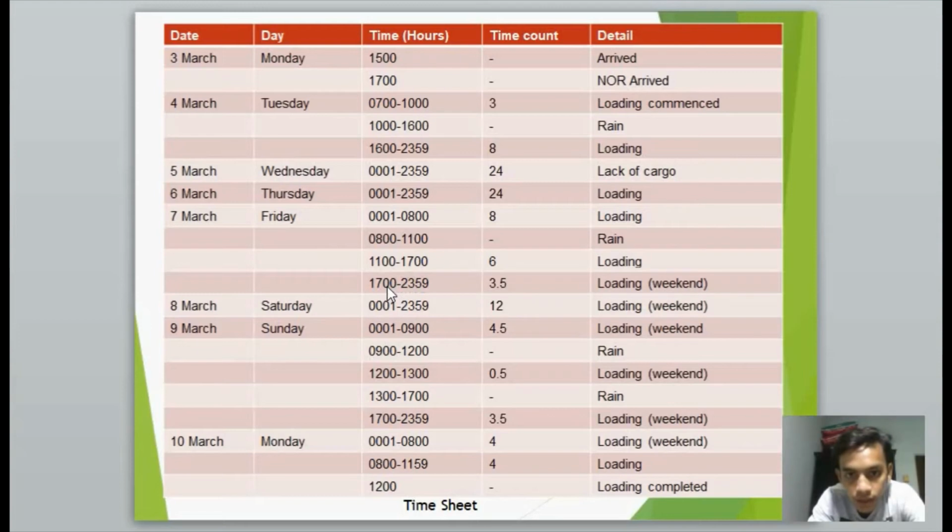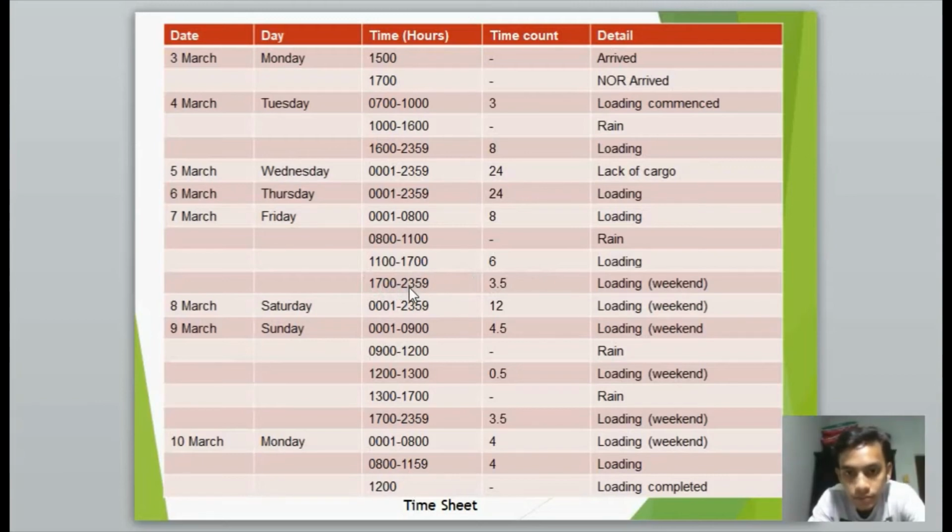After 1700 hours on Friday, the loading continued, but the time to count is only half of the loading time.